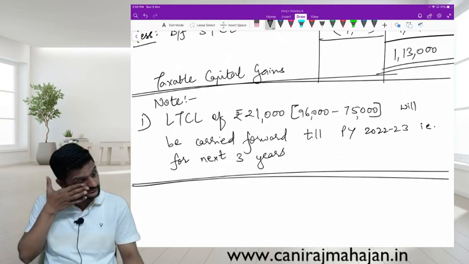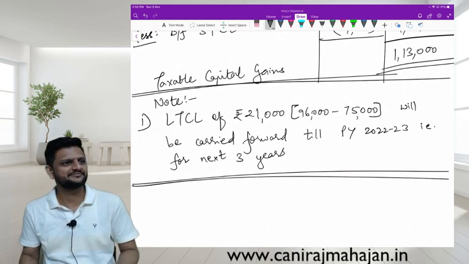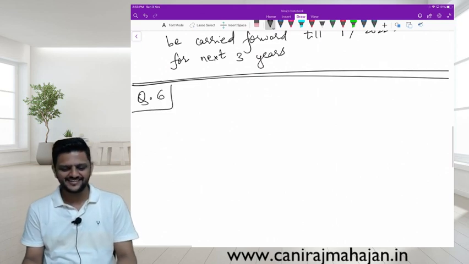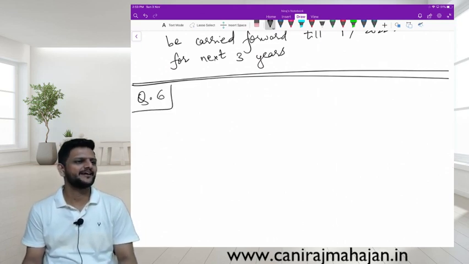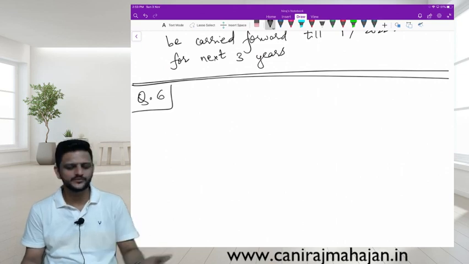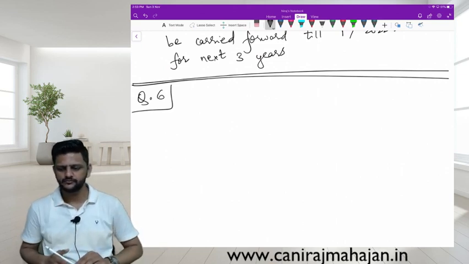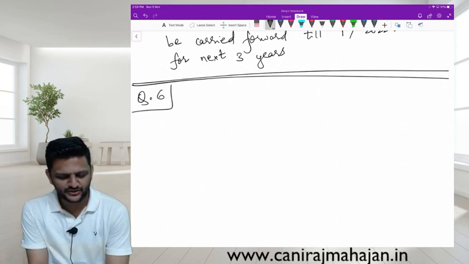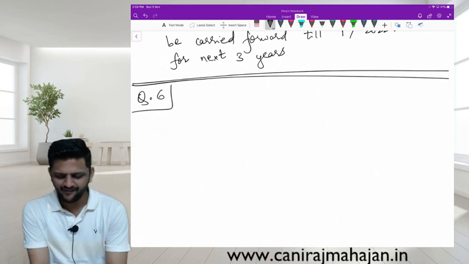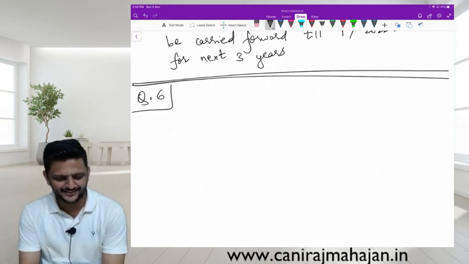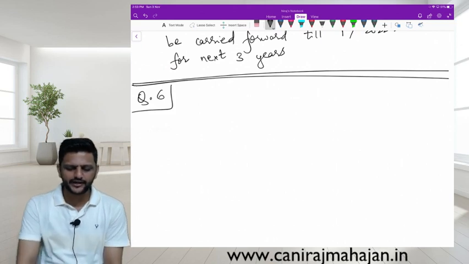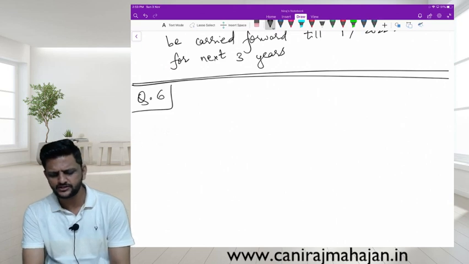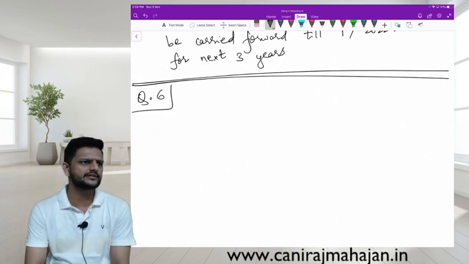Next one, 6th. Question 6. Mr. D Patil has the following income for the year: income from activity of owning and maintaining race horses 75,000, income from textile business. What is textile business? How will you categorize it?